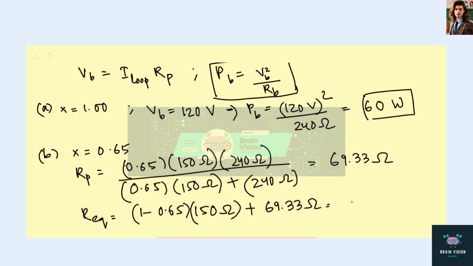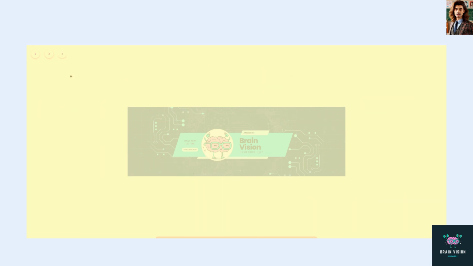And this will give our equivalent resistance to be 121.83 ohms. So now that we have the equivalent resistance, we will go ahead and find the total current flowing through the circuit. That will be given by the EMF over R equivalent.